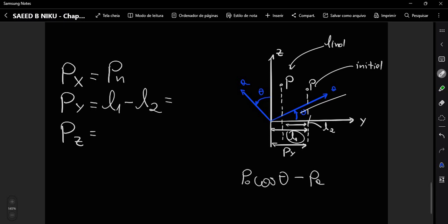So it's going to be Pa sine of theta, because it is the decomposition of the point on the axis of reference A, and Pz is the point Po sine of theta plus Pa cosine of theta.